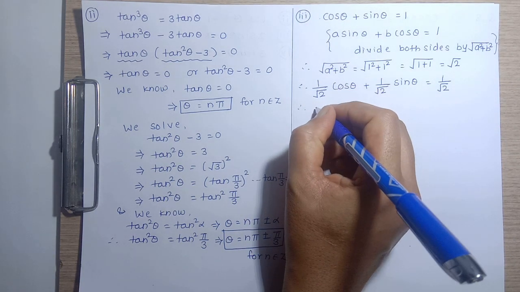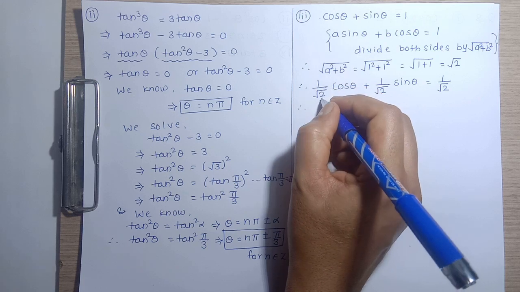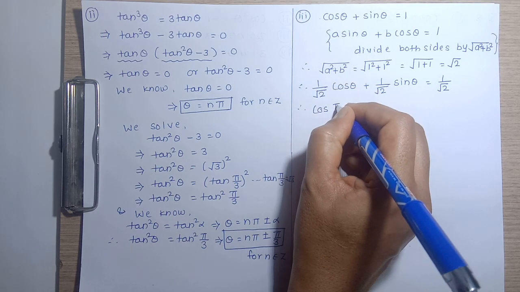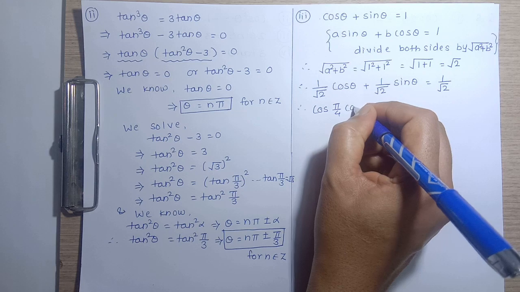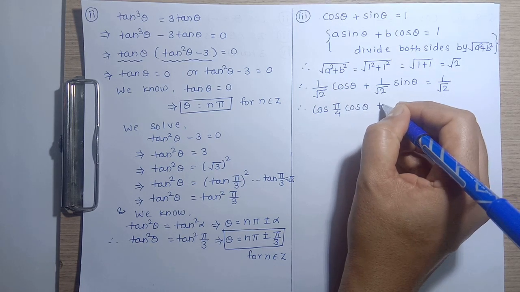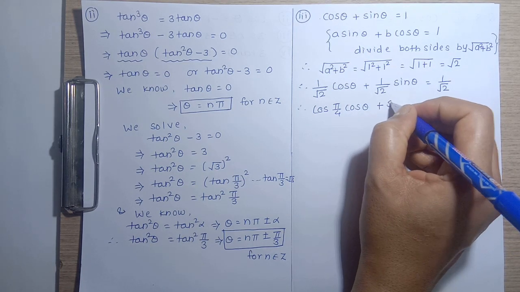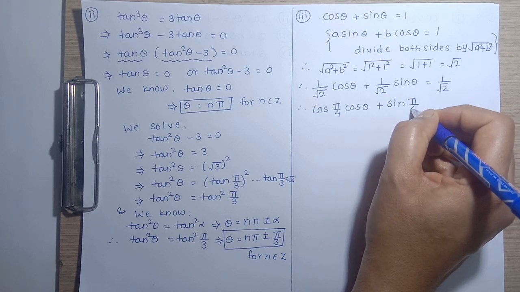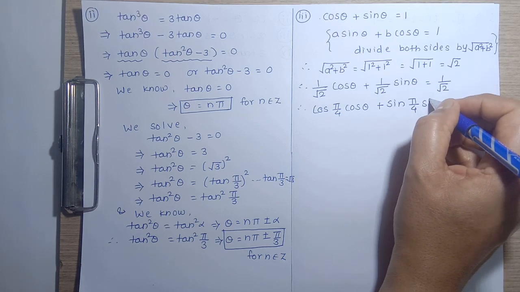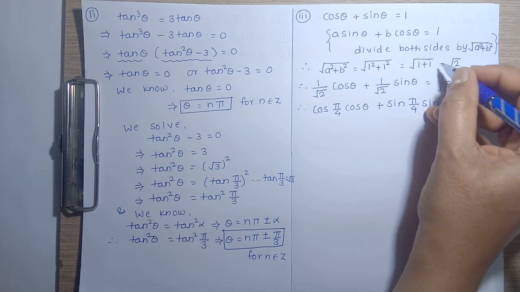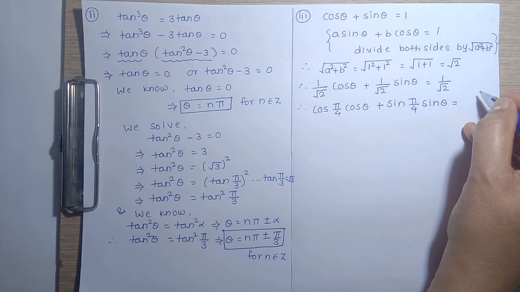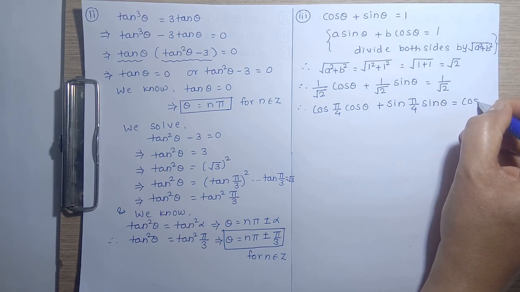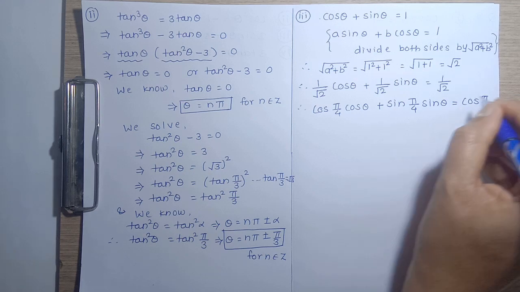Okay, therefore here we write that 1 upon square root of 2, that is cos of pi by 4. Here cos theta as it is, plus 1 upon root 2, that is we write here sin of pi by 4 into sin theta as it is, and in the right side that 1 upon root 2, here we write cos of pi by 4.